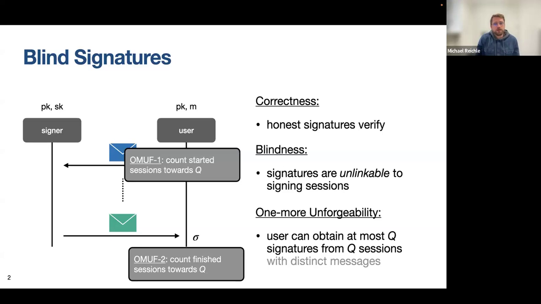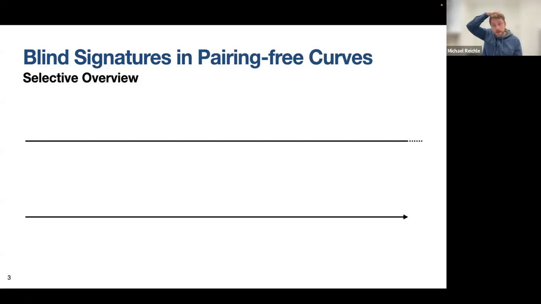This is a bit less intuitive, but it's still quite difficult to obtain for blind signatures, so it still makes sense. It's just, at least from a theoretical point of view, a bit less strong.